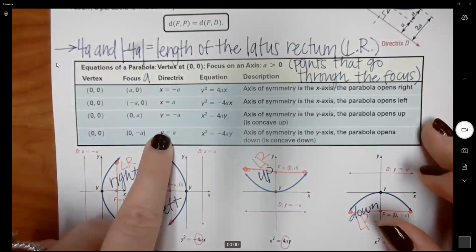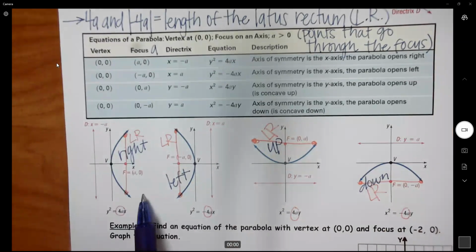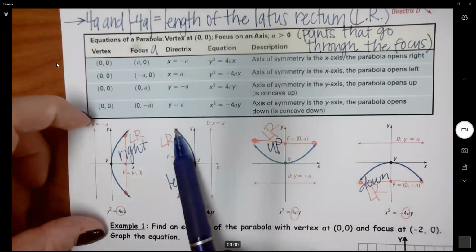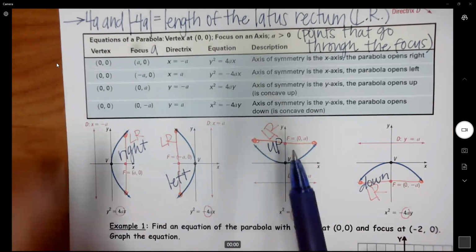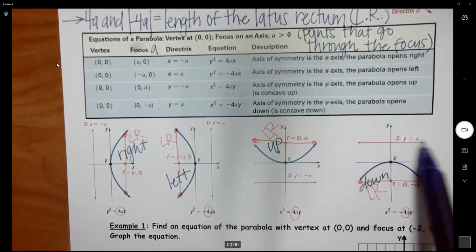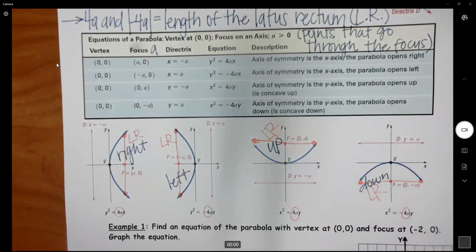My directrix is always going to be behind my parabola. So when this opens to the right, it's over here to the left. When this parabola opens to the left, it's over here on the right. When it opens up, the directrix is going to be down, and when it opens down, it's going to be above it.